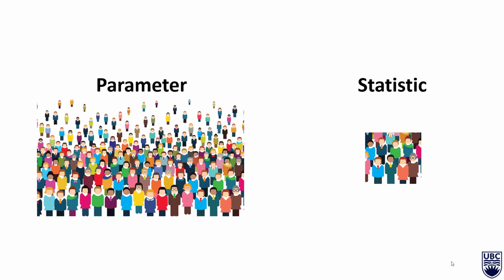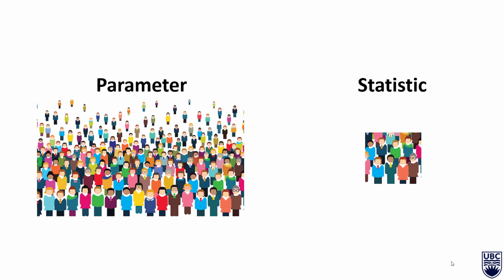So if we take every single person in the population and we measure our dependent variable, regardless of what the research question is, and then we summarize all that information and we come up with an average and all that stuff, then the numbers that we get is called a parameter. So we know exactly what that variable is for the whole population.